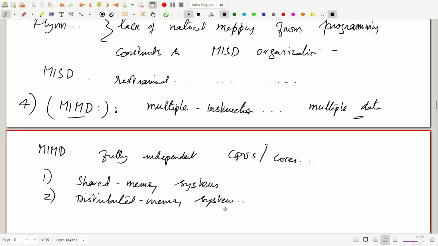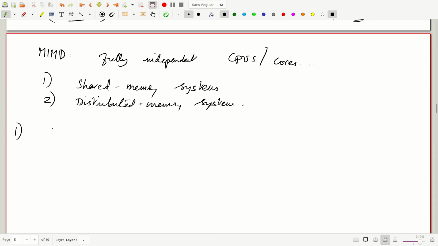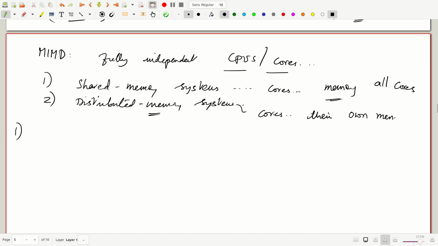In the shared memory systems, all these cores have a RAM or a memory which can be accessed by all the cores. Whereas in the distributed memory systems, each of the cores has its own memory or its own RAM, which cannot be accessed by the other cores.